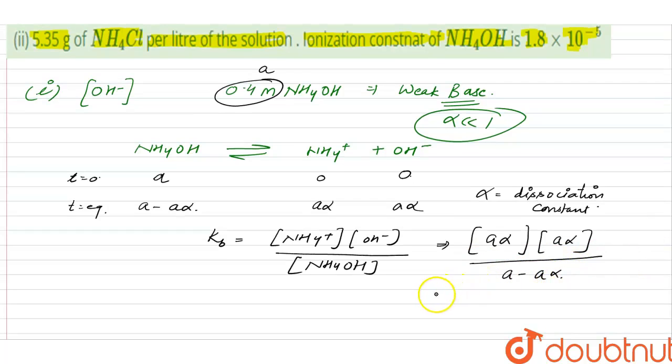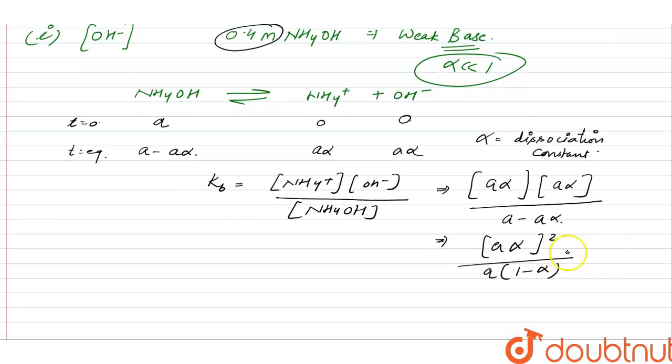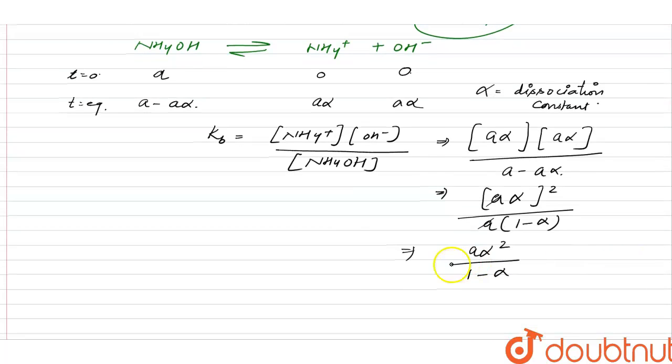So we can write it as A alpha square upon A into 1 minus alpha. The A will cancel, so we get A alpha square upon 1 minus alpha. This will be the value of our Kb.